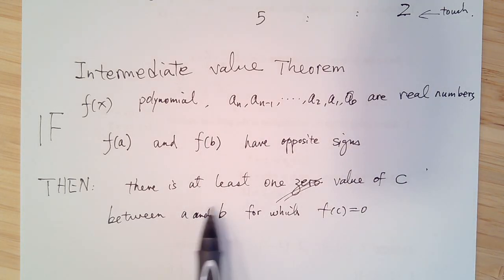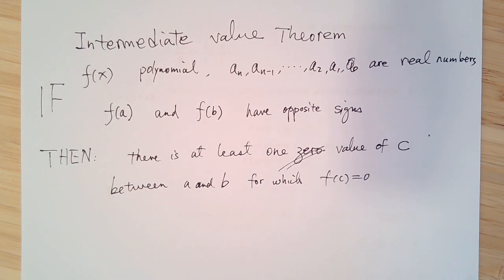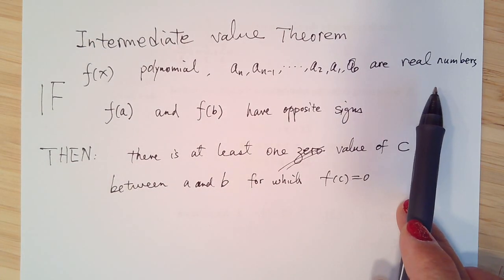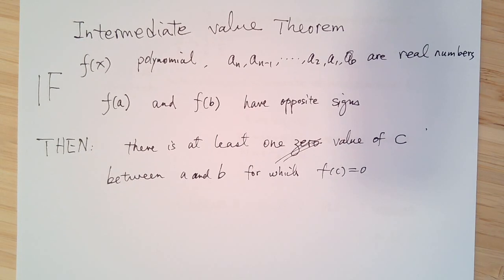That means there's going to be at least 1 zero between a and b. What does that mean? For a polynomial function with all real numbers as coefficients, the graph is a continuous function. We'll talk about this later. That's a very different topic.